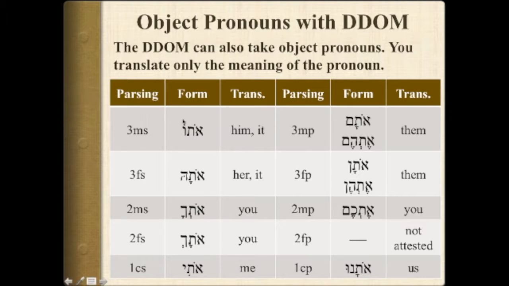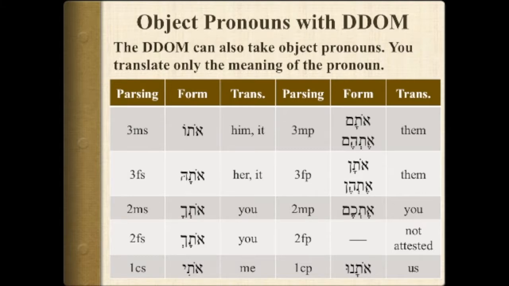You have the et plus whatever pronoun suffix you would have in order to mark that this particular pronoun is acting as the object of the verb in the sentence. You don't need to memorize these, just be aware of them.